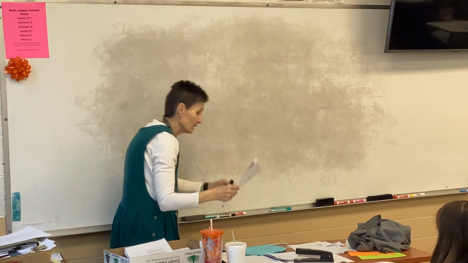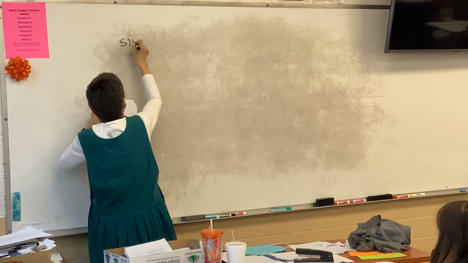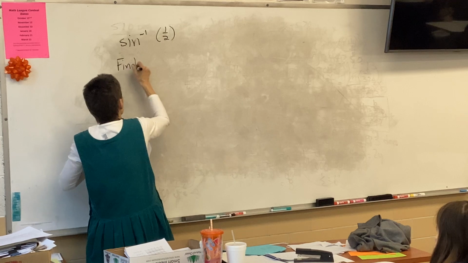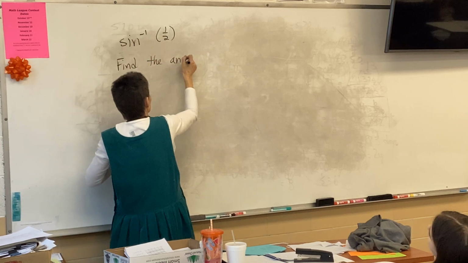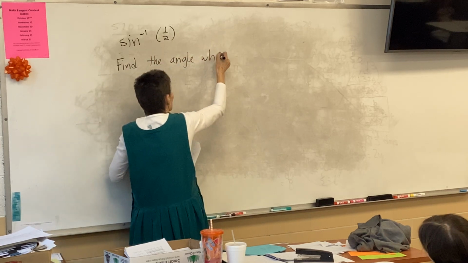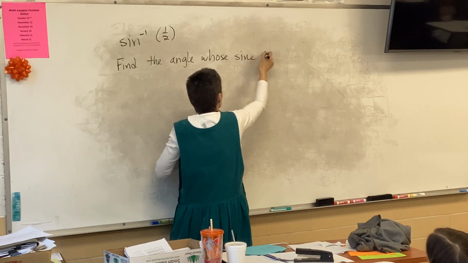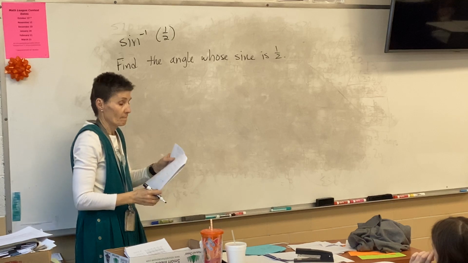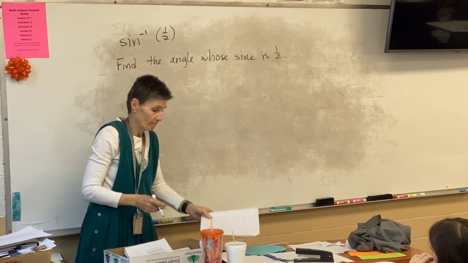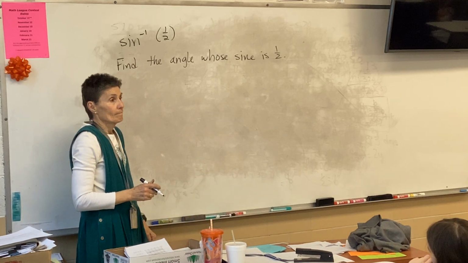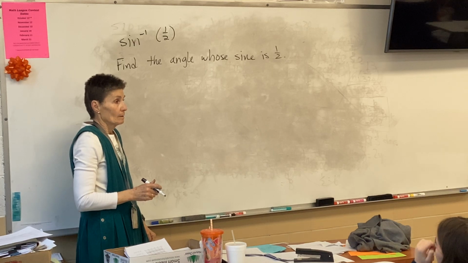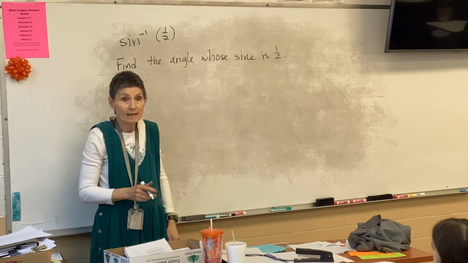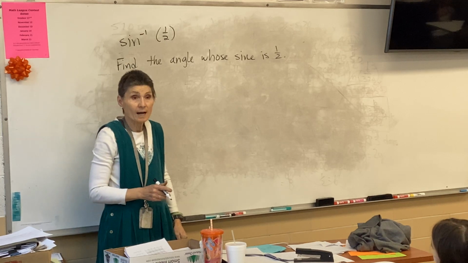It literally says, find the angle whose sine is 1/2. Somewhere out there, there's an angle, and its sine is 1/2.